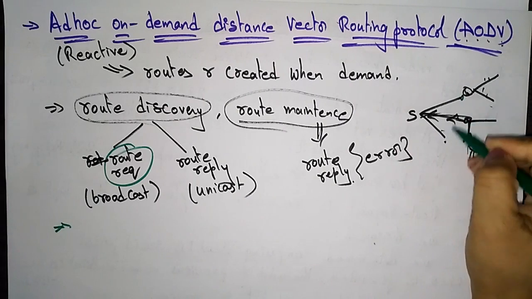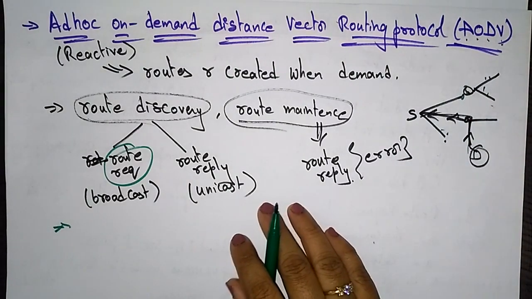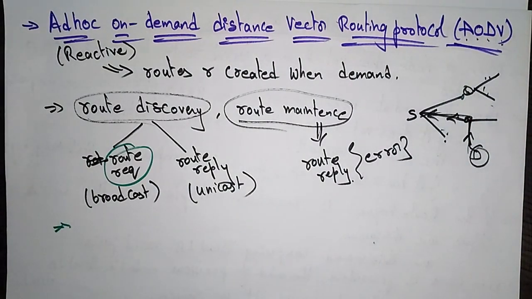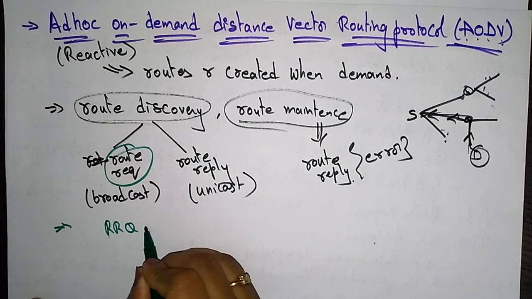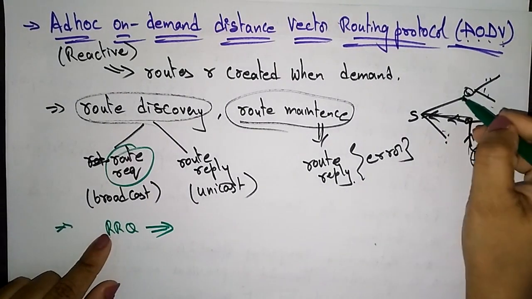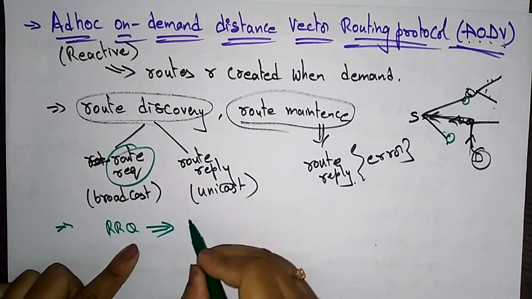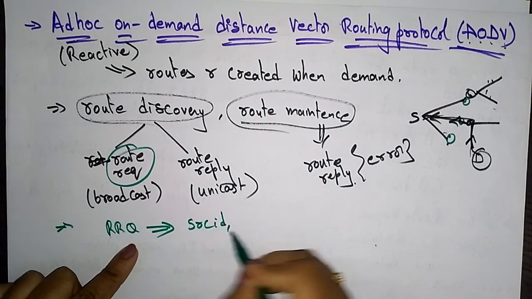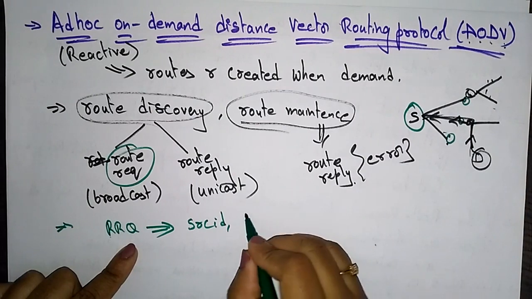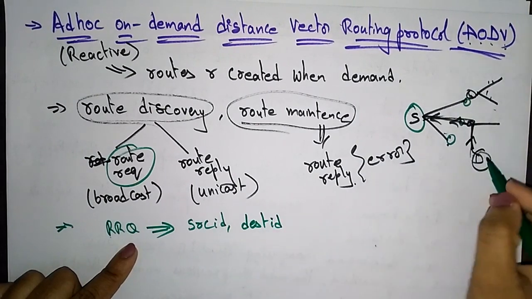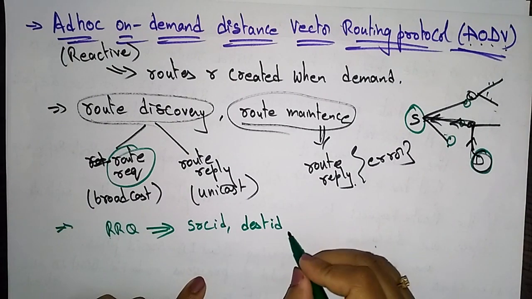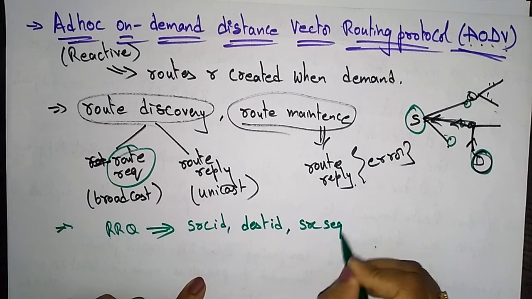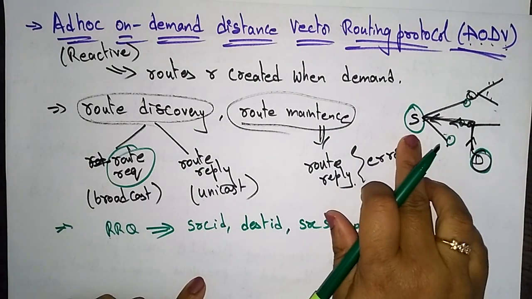The route request packet in AODV carries the source ID and the destination ID, meaning where it has to send the packet, and the source sequence number.